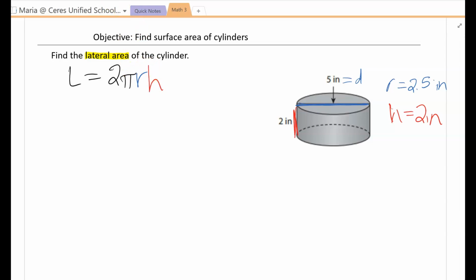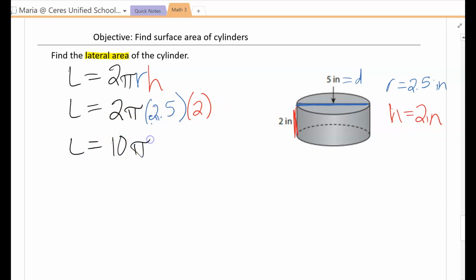And then just plug everything in. So I have L is equal to 2 times pi times my radius is 2.5 times my height is 2. Okay. So for my lateral area, you just multiply the numbers together. So 2 times 2.5, that's going to give me 5. 5 times 2 gives you 10 pi.